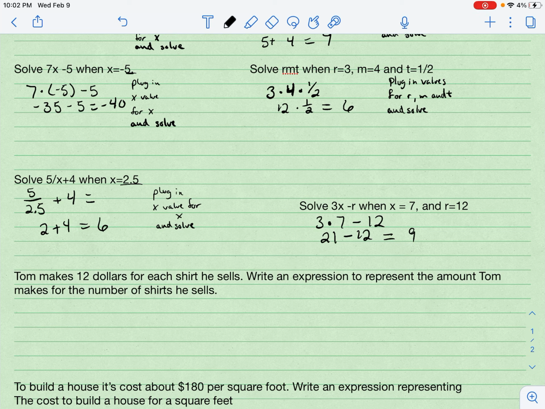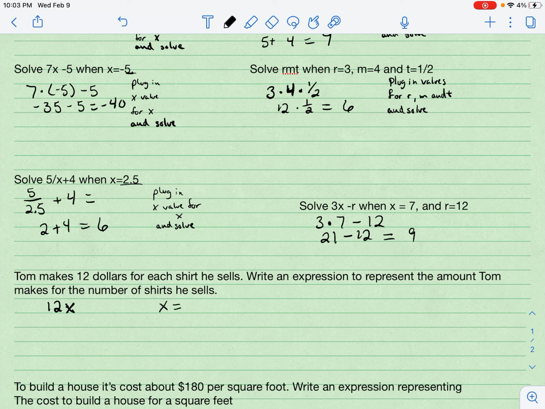So Tom makes $12 per shirt for each shirt he sells. So what he's going to make is going to be the $12 times the number of shirts.